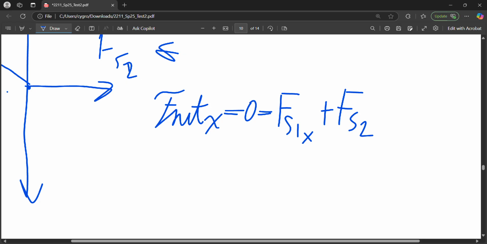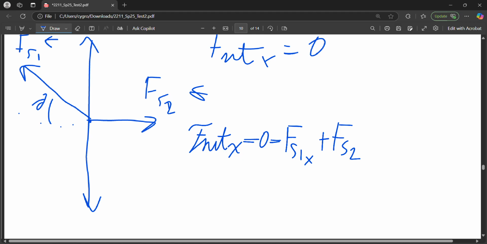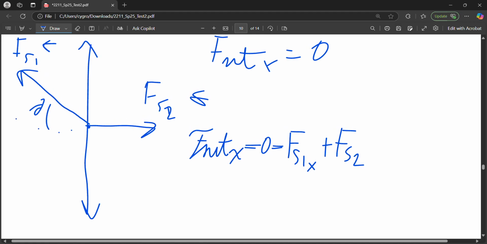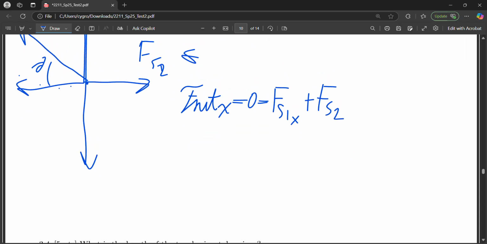Now we're going to see that our force of spring 1 is pointing in the negative x direction. It's in this quadrant and it's heading towards this direction. So we're going to have to make sure that this is a negative. So if we plug it back in, negative force of spring 1 times cosine theta, because it's only in the x, not the y.